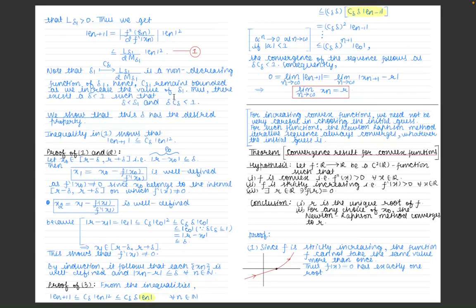This was actually xn plus 1 minus r, right? So this implies limit as n goes to infinity, xn plus 1 is r, or we can say xn is r. And this was the last thing to be proved in this convergence theorem.